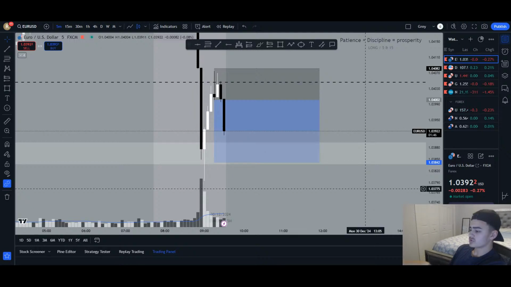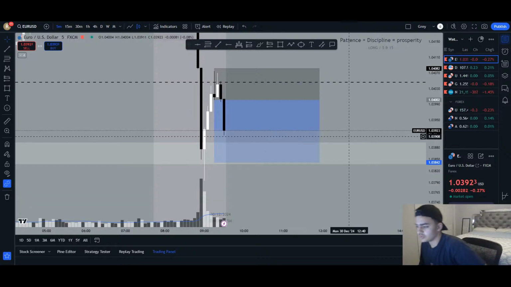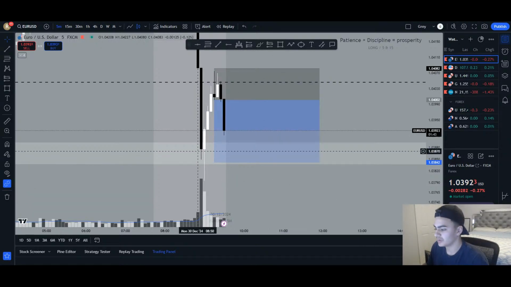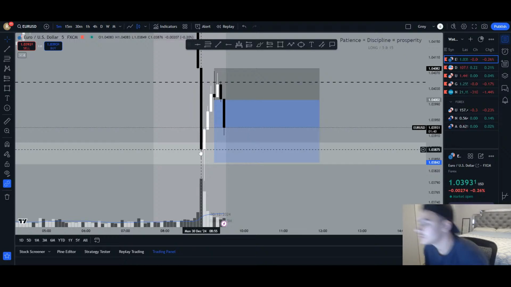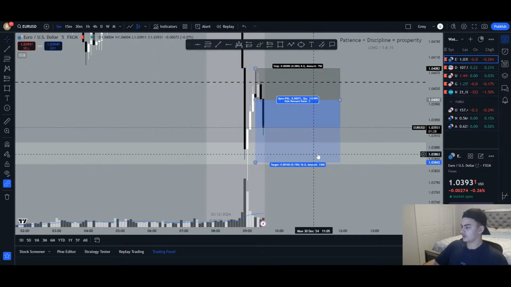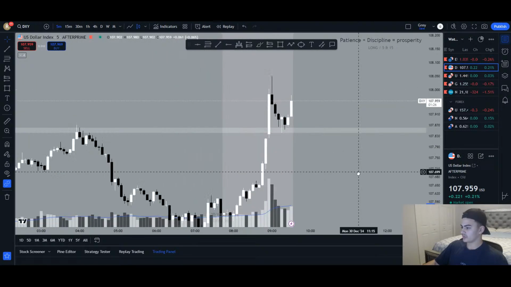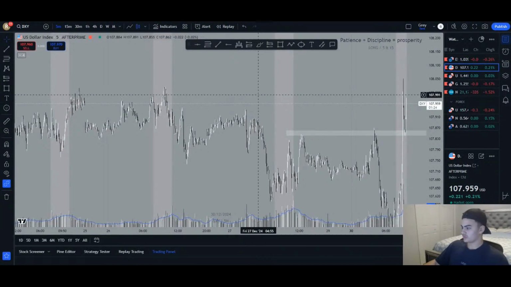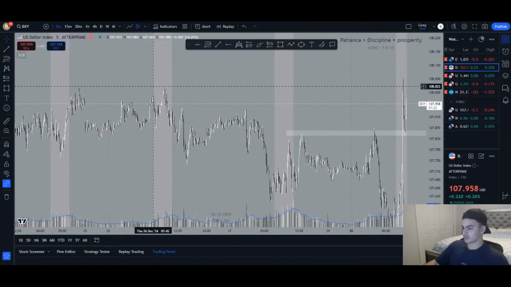If it closes like this bearish, I would still prefer it to close below this support down here, this lowest support, because this is still also a strong area. You check the DXY, there's a strong area on top. There is this area right here.